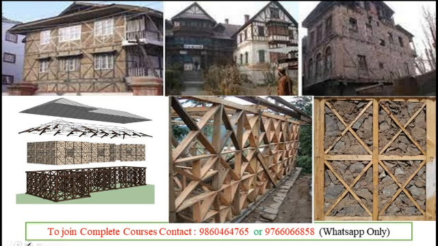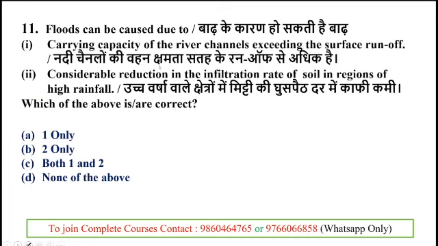Clear. And then the next question is related with floods: floods can be caused due to, or what is the reason for the floods in some areas. The statement given: carrying capacity of the river channel exceeded by the surface runoff.